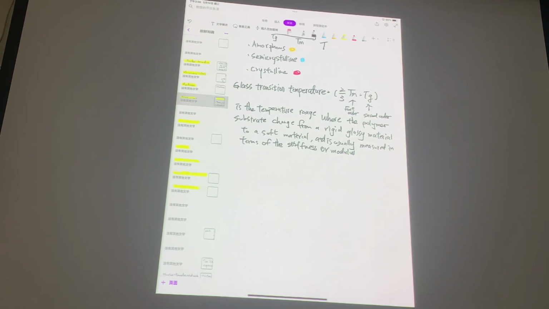So what that means is, if I were to draw a graph like this, the y-axis is the log of E, the modulus, and the x-axis is temperature. For example, if it's a thermoset material which has a TG point, you're going to see a curve like this.